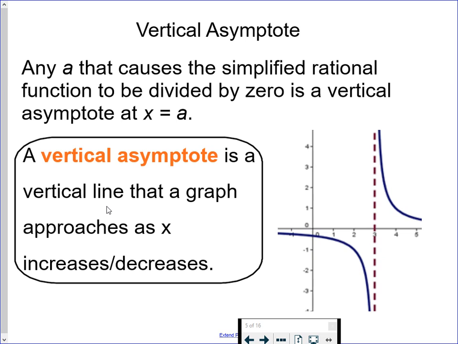Because if you get x equals 3 anywhere on your function, you'd end up dividing by 0. Like I said, we've already done this one a ton of times. For vertical asymptotes, we are going to set our denominator equal to 0.